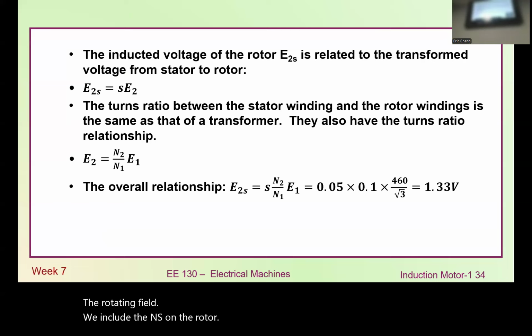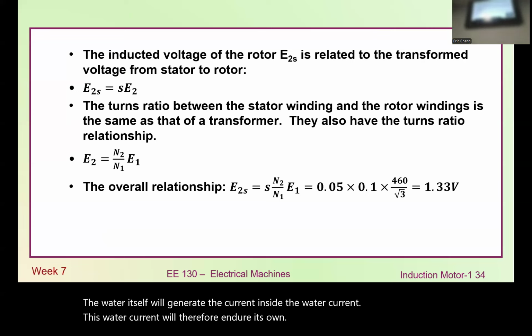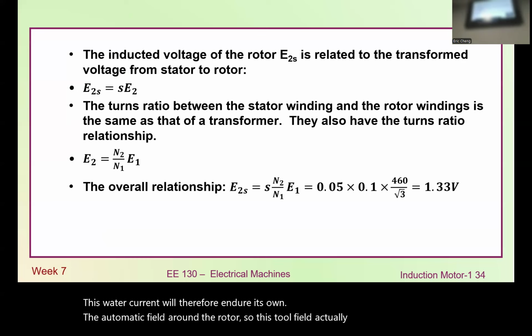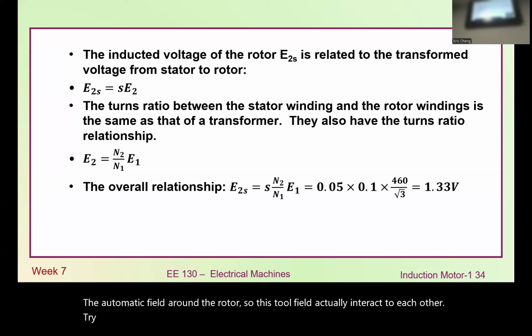The rotor itself will generate current inside the rotor. This rotor current will therefore induce its own electromagnetic field around the rotor. These two fields interact with each other, opposing each other, to force the rotor to rotate.